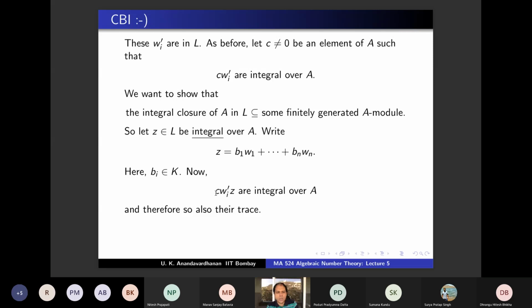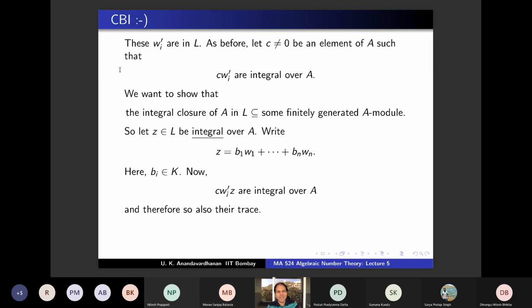Now, what is the trace of C Wi prime Z? I want a number as the answer: C Bi.